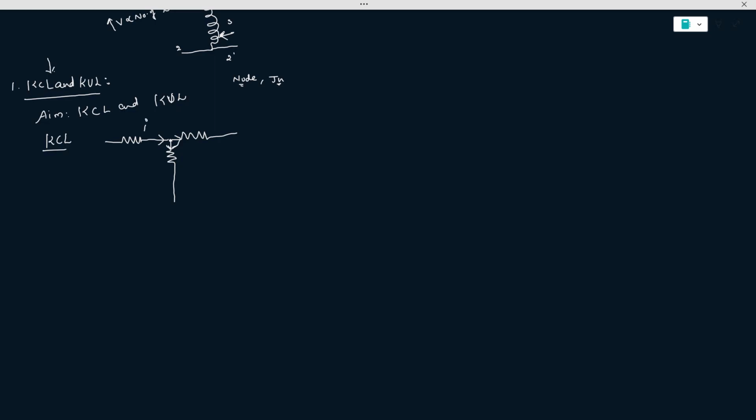So how many currents are there? Resistor 1 carrying current I1, resistor 2 carrying current I3, resistor 3 is carrying a current of I3, sorry, this is I2. So the algebraic sum of currents means I1 plus I2 plus I3.